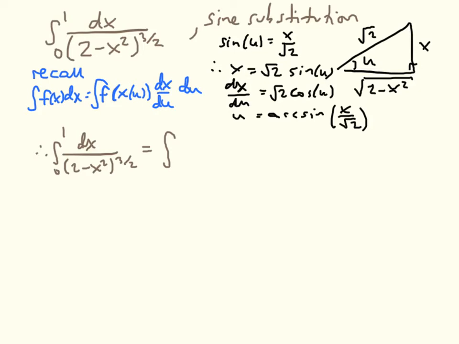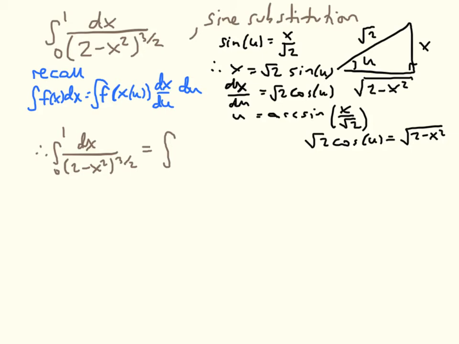And if we just go back to here for a moment, looking at our triangle, we see that the cosine of u is the square root of 2 minus x squared divided by the square root of 2. So therefore we also have that the cosine of u times the square root of 2 is the square root of 2 minus x squared.